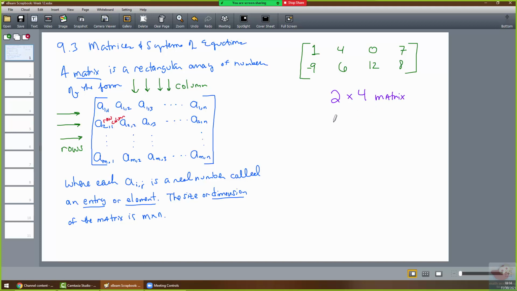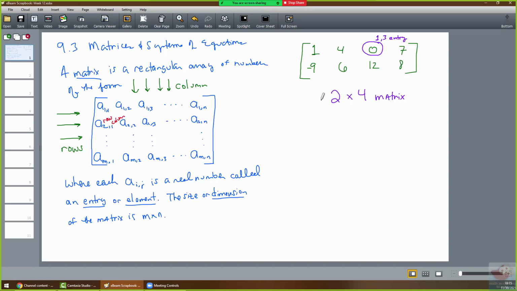We always write rows first and then columns. What row is the 0 in? The first row. And what column? Third. So this is the 1,3 entry, or the 1,3 element, your choice.